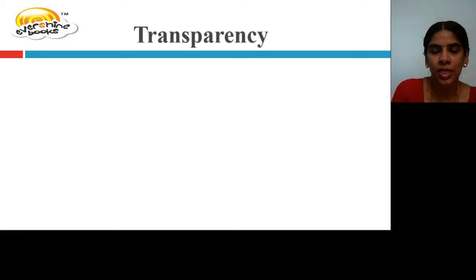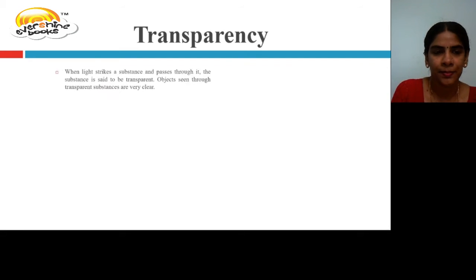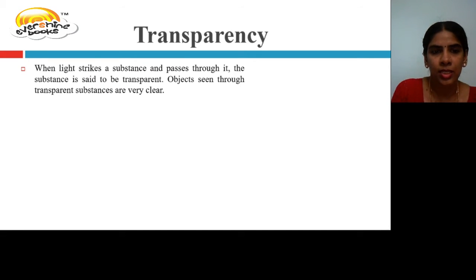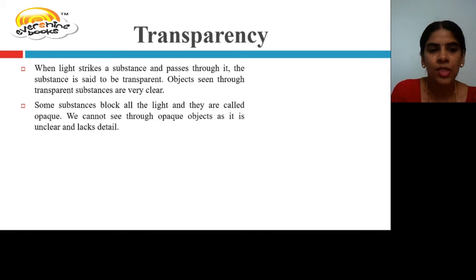The next property is transparency. When light strikes a substance and passes through it, then the substance is said to be transparent. Objects seen through transparent substances are very clear. Some substances block all the light and they are called opaque.